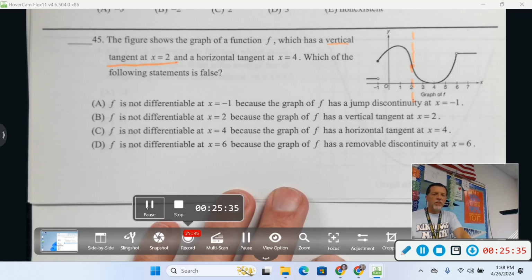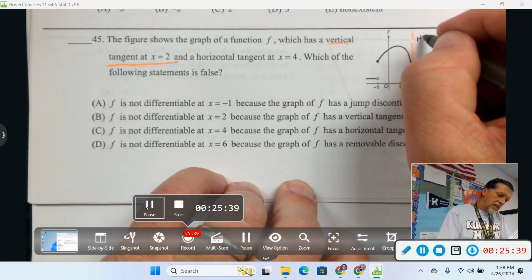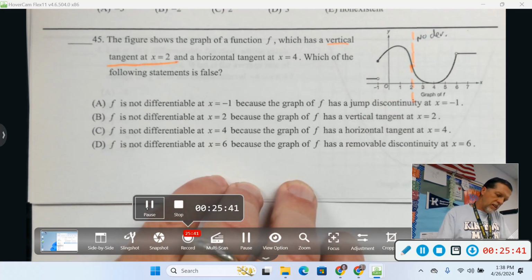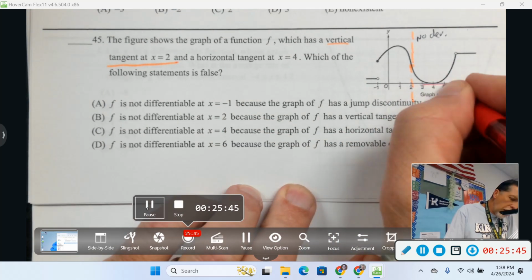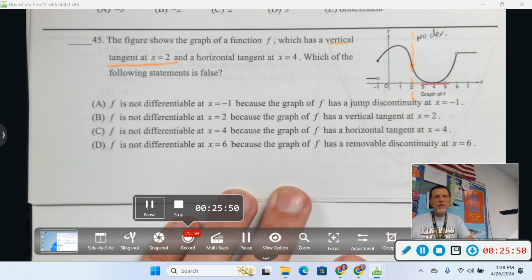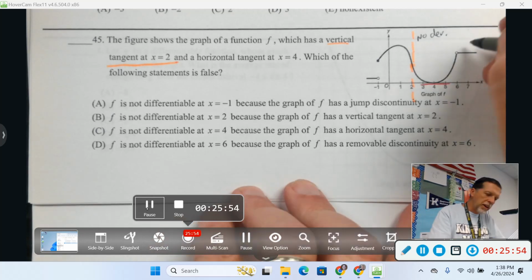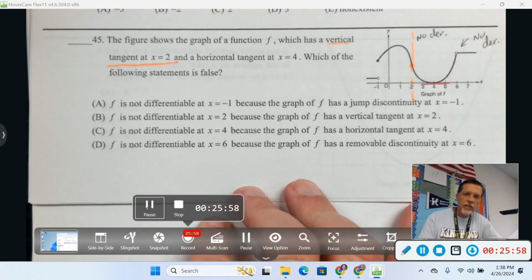What's the slope of a vertical line? Yeah, it doesn't exist. So there's no derivative there. Horizontal tangent at x equals 4. What does that mean the derivative is at 4? What's the slope at 4? 0. And then there's a hole at 6, so I better be careful there. There won't be a derivative there either. There's not a function there.